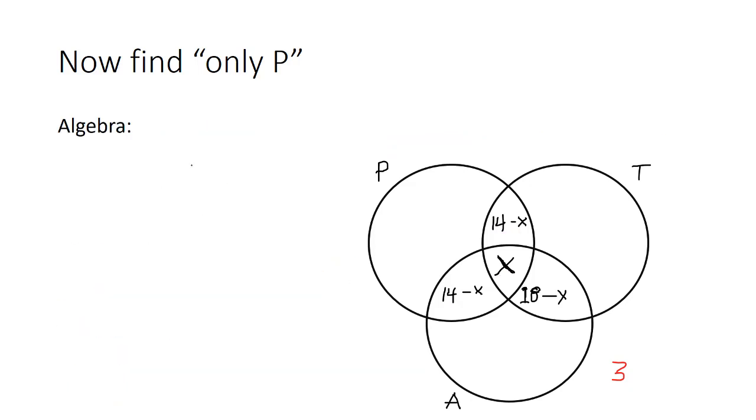Now, to demonstrate, we've got the 24 here. Really, this would be 24, but we've already counted this, so we'd have to subtract our 14 minus x. It's already counting this, so we'd have to subtract our x, and it's already counting this.